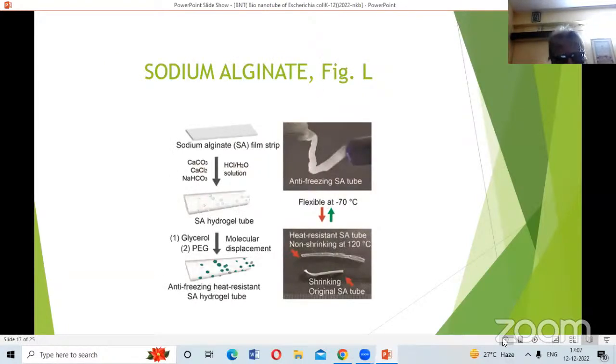Now, the movement, as I have already said, this bio-nanotube can also be very, very active. Some gelatinous aspects of the movement have been experimentally proved, and that some sodium alginate can develop the same type of membrane as well as the same type of activity.